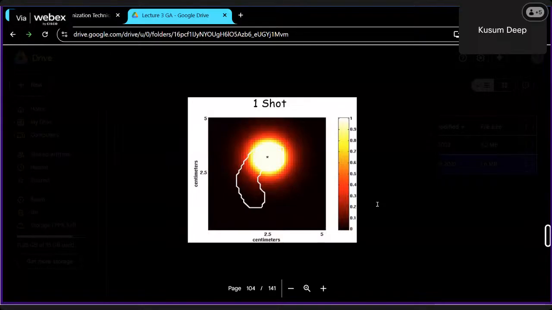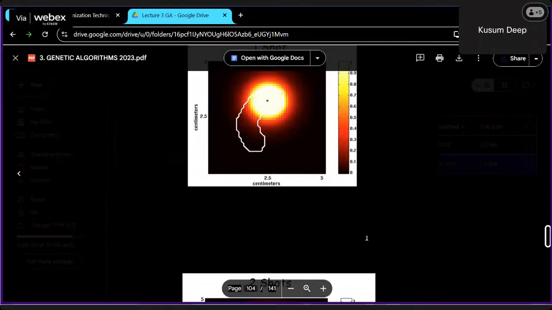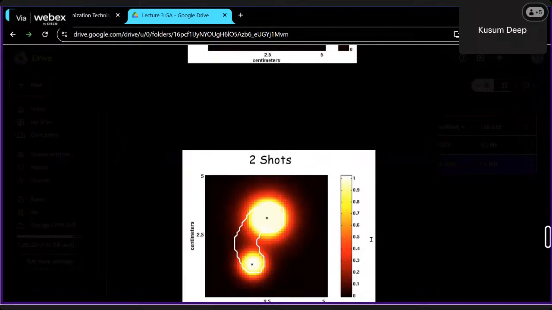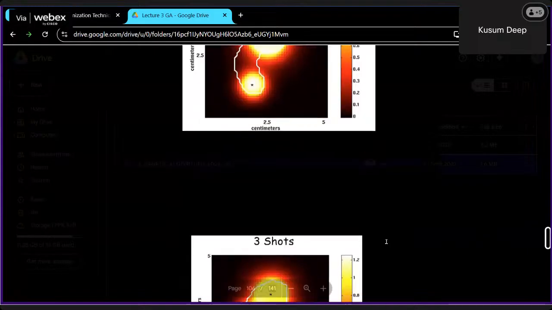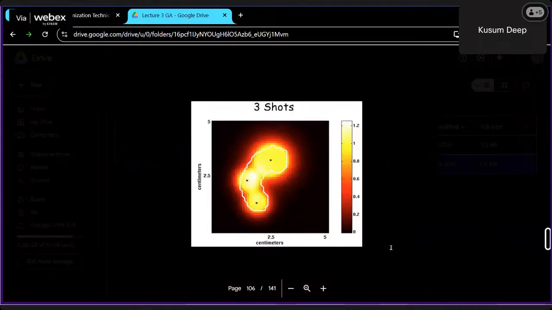As you can see, the decision of placing the center of the circle at the most appropriate place is not easy, and that's why you need to model it. So this is the first shot that has been applied on this organ. Like this, now we can apply the second shot. And similarly, the third shot.